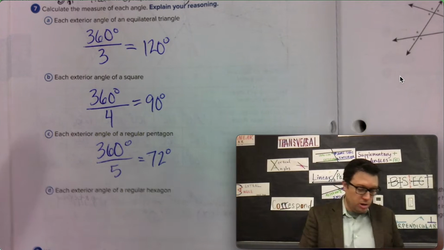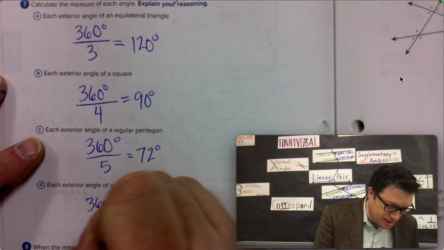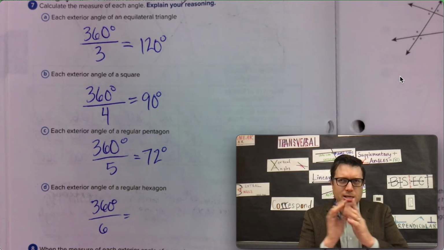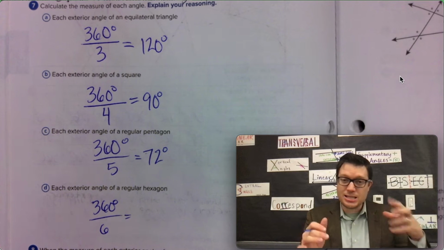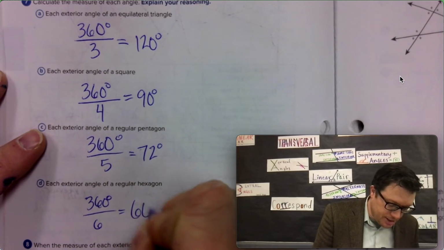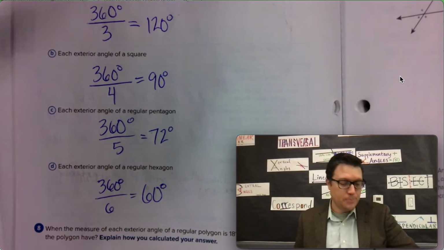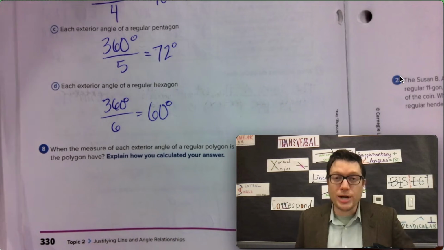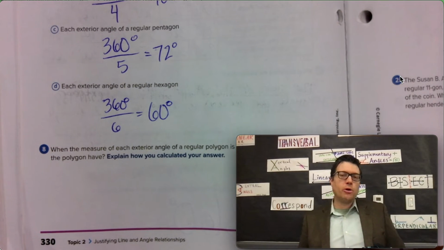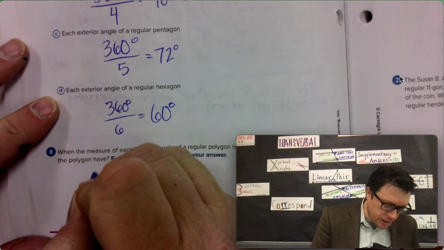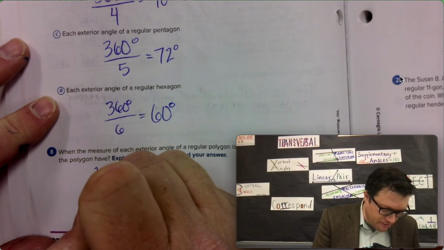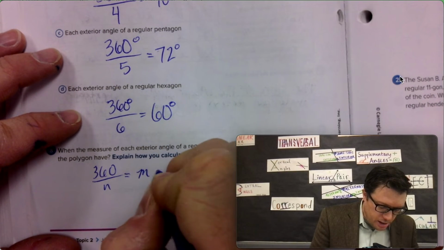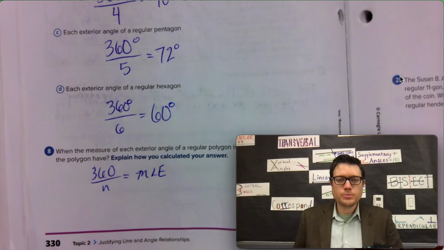For the exterior angle of a regular hexagon, 360 divided by 6: 36 divided by 6 is 6, there's a 0 on the end, so 60. In fact, this pushes us to a formula. If you want to figure out how many degrees one exterior angle is for a certain sized polygon, you just take 360 and divide by the number of sides.